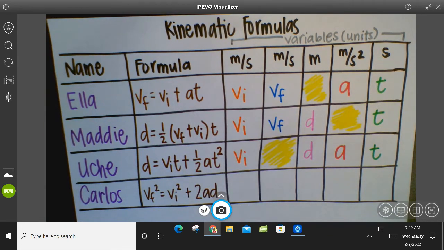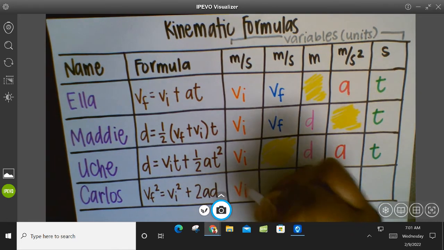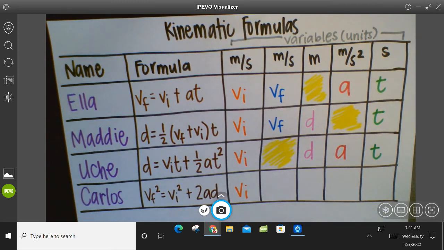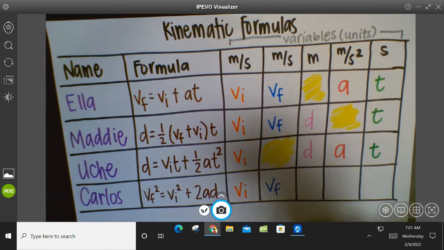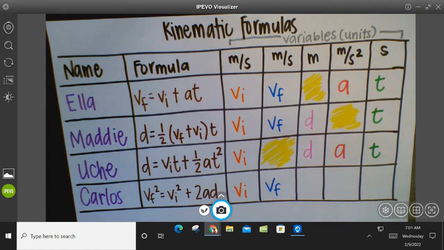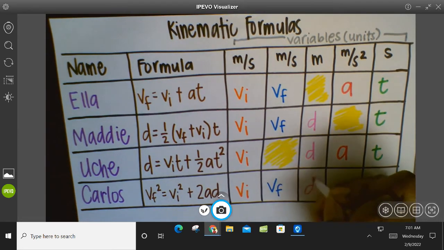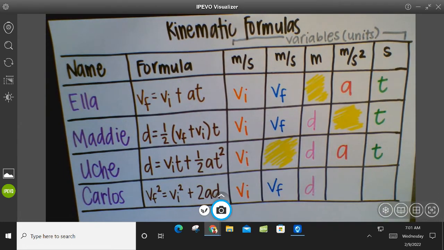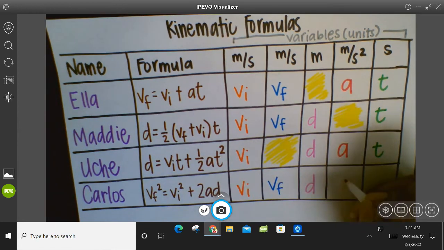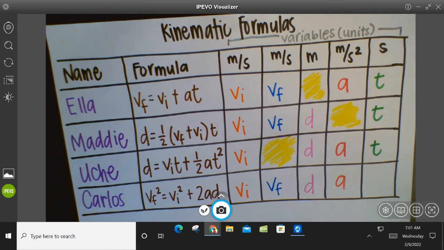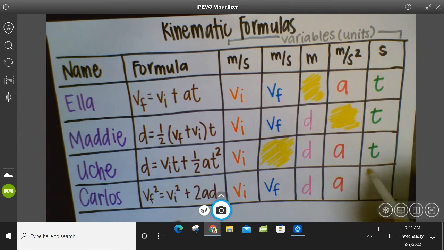So if I look here, I have initial velocity. So I have VI. I also have final velocity. So I have VF. I have distance. So I am given that unit. And I have acceleration. What I am not given is time. Okay, so that's the variable I'm not given, and I'm going to shade that in.